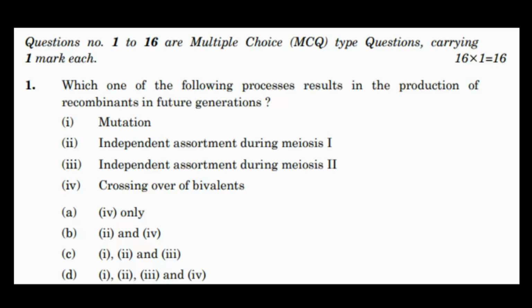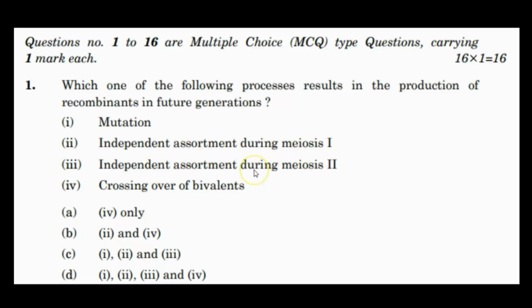The arrangement can be in any way, so it creates variation and recombination. So we can conclude independent assortment during meiosis 1 can be a reason.